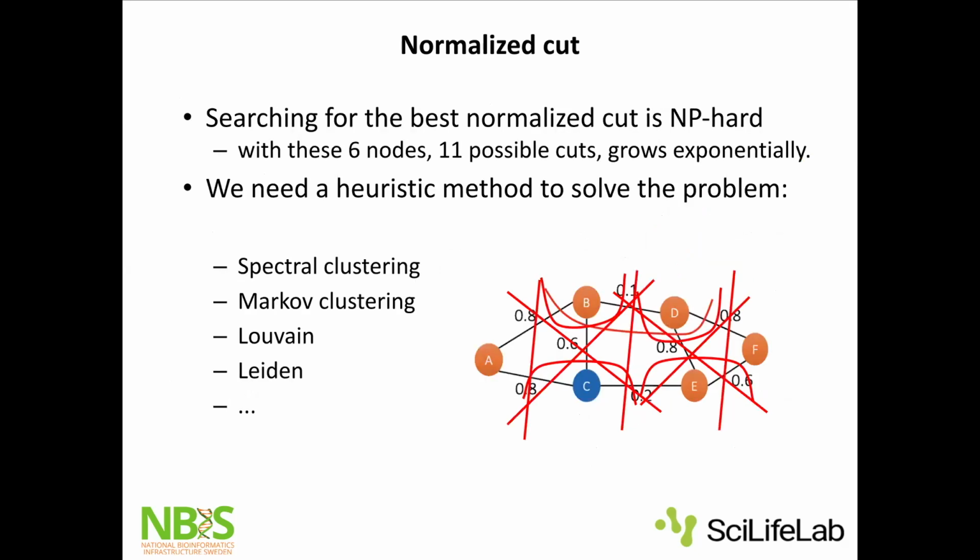If we then want to partition our graph and find the best normalized cut, even with this tiny example we have all these different ways of cutting the graph. And if we start with a million single cells, you can imagine that this is near impossible to calculate with computers. So we need some smart way of optimizing this function.